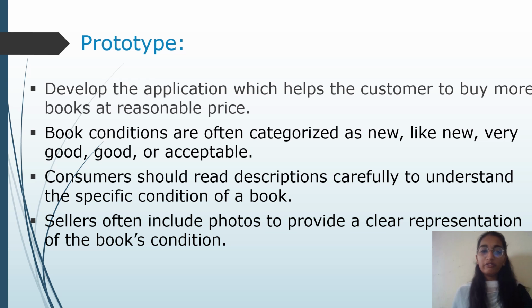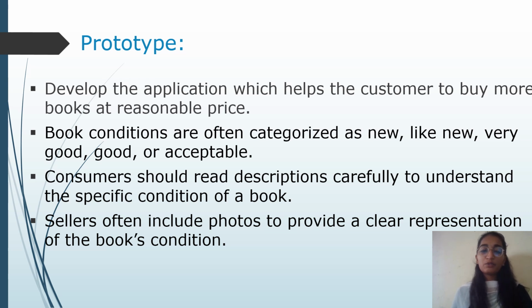Book conditions are often categorized as new, like new, very good, good or acceptable. As we are mentioning that it is a second-hand online bookstore, first we have to collect the products, that means books, from the users, such as good, new, very good, which are acceptable, and which customers are interested in buying.